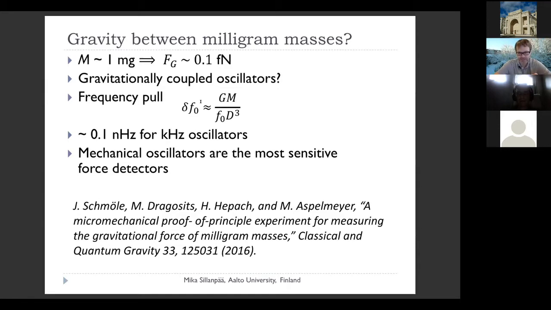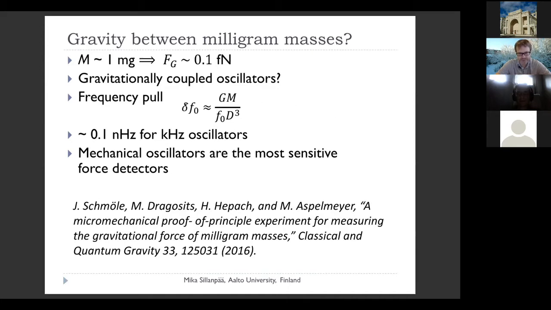And as a static force, you just cannot distinguish this from anything else. So you have to modulate something. The obvious thing is to have 2 mechanical oscillators which are coupled through gravity and through nothing else.